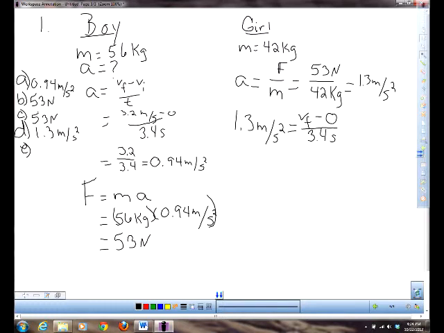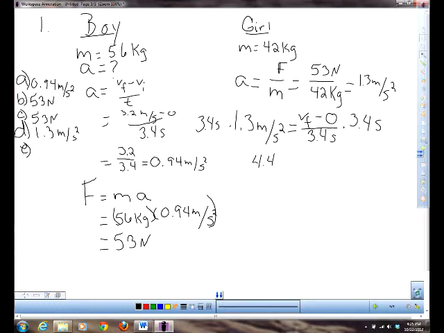Okay, so to solve for VF, we have to multiply both sides by 3.4 seconds. So 3.4 times 1.3 in the calculator is 4.4.